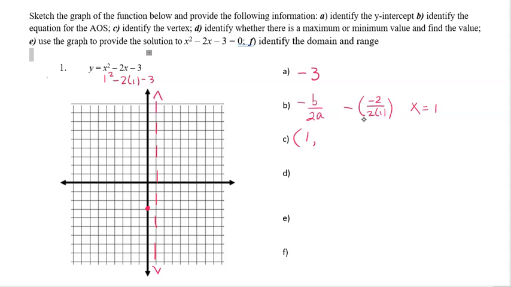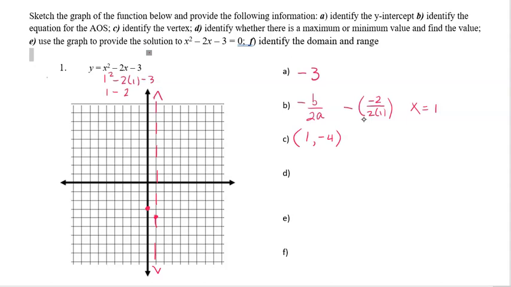So 1 squared is 1. 1 minus 2 is -1. And -1 minus 3 is -4. So the vertex is the point 1, -4, which is right there.